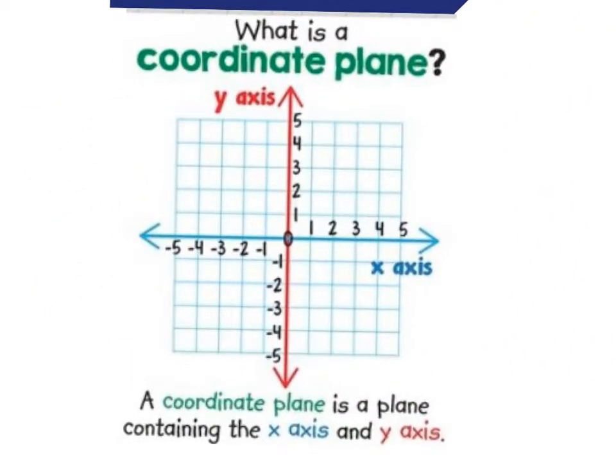This is called the coordinate plane. If you remember from the movie that we watched, The Story of Maths, there was a man by the name of Descartes who created this in order to plot points and to be able to graph things.